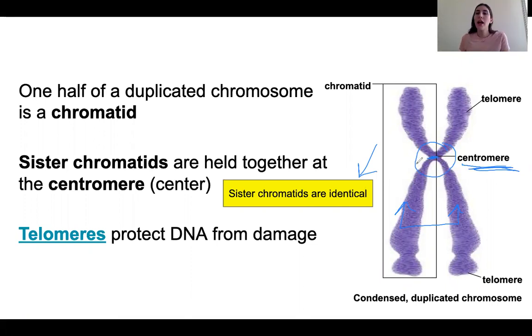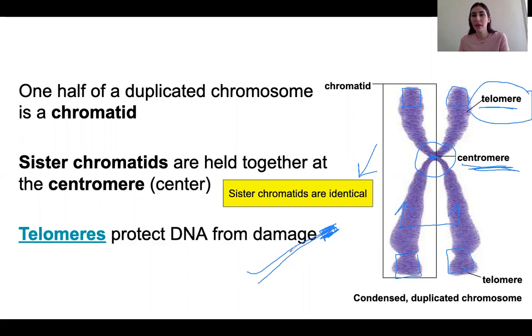And the last thing I want to talk about in terms of the structure of DNA is the telomeres. Now, telomeres are super interesting, and they are found at the edge. They are like caps found at the ends of the chromosome. If you have shoelaces, you'll notice that at the end of a shoelace, you have this plastic cap.